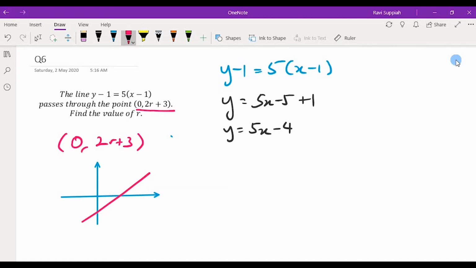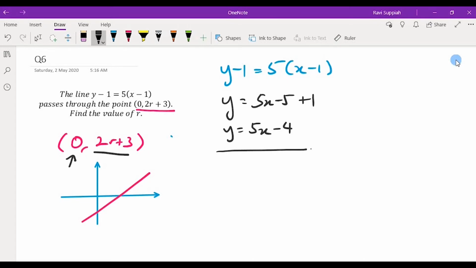So what do you mean by this is a solution for this line? It means that when I substitute x as 0, I will get 2r plus 3 as my y value, because this is an xy pair on this line, and this line is represented by this equation here. So that is the context which you must understand very clearly.